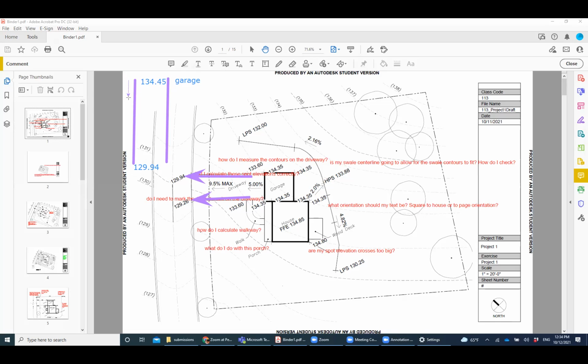That's a 5% slope, and 5% for 15 feet away from the garage, you can calculate that spot is 133.6. Yeah, I wish I could actually draw. So is it similar to what you do with swales, where you find the whole contour? Yes, exactly. So now we know this 15 feet away is 133.6. Then we find out where 134 is. And the H is 0.45, right?